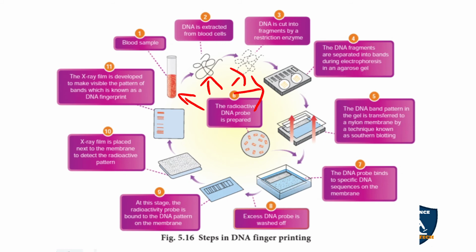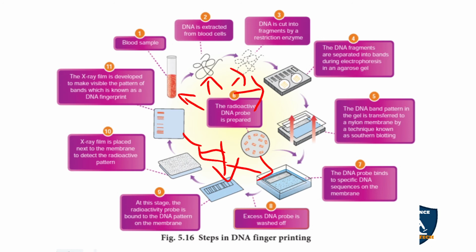Radioactive probes are used for hybridizing the DNA. After the radioactive hybridization, everything is over. The DNA fingerprints are kept on a photographic film. The excess hybridized probe is washed off, and you keep it on a photographic film which is kept on the membrane.